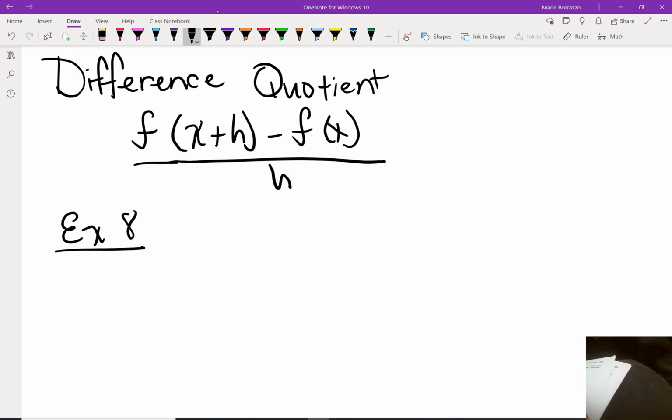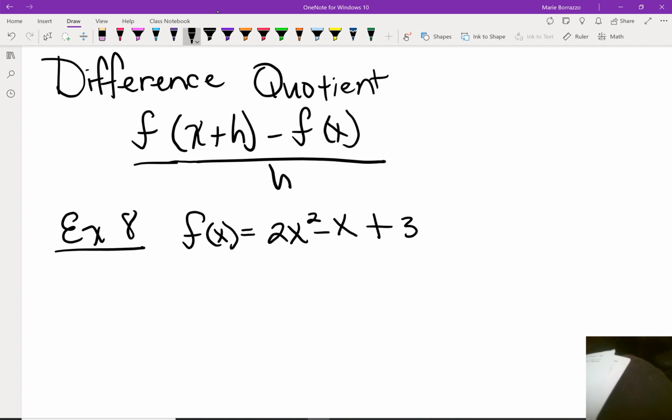we're going to evaluate and use the difference quotient to simplify the expression where f of x is equal to 2x squared minus x plus 3. So once again, understand that they're already going to give you the f of x.